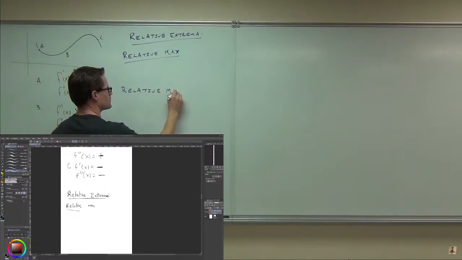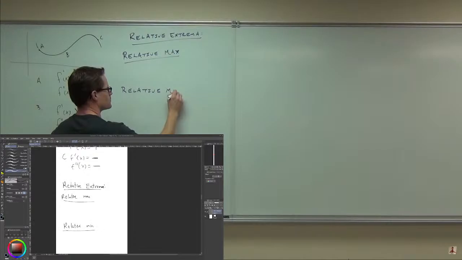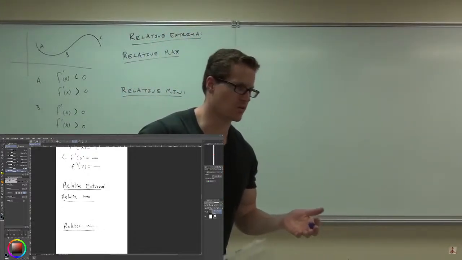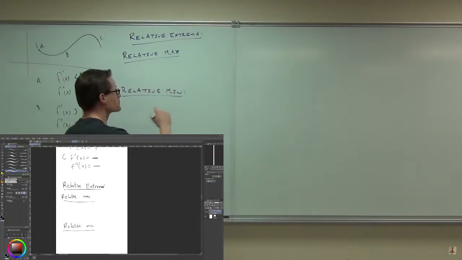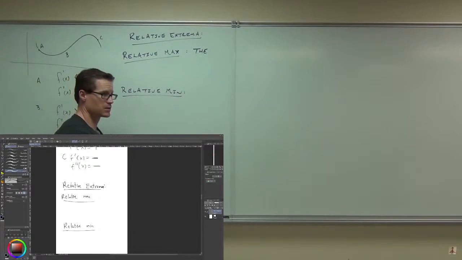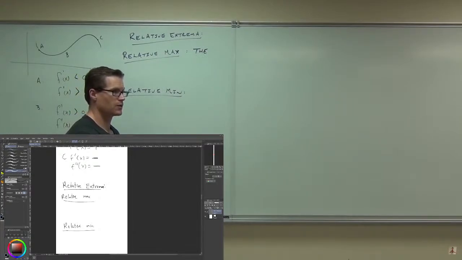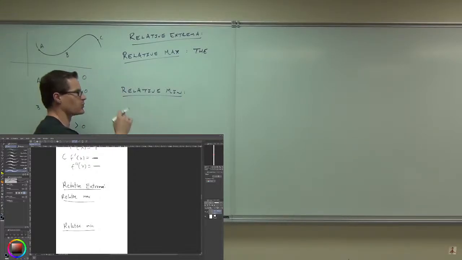Just to refresh your memory, a relative max is basically the idea of a high point on an interval. It doesn't have to be the highest point on the graph, it just has to be the high point on a little interval. Not the peak, but a peak for an interval. Not the absolute max necessarily, but it is for an interval.